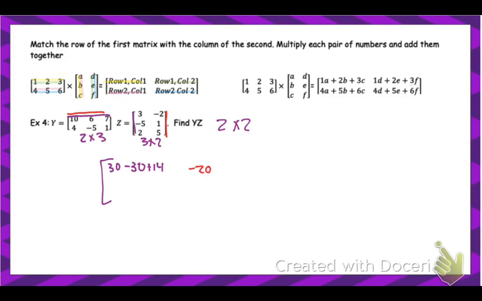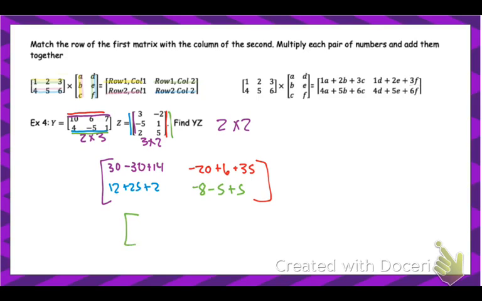So 10 times negative 2 plus 6 times 1 plus 7 times 5. All right, then I'm going to go to row 2, column 1. So 12 plus 25 plus 2. And then finally row 2, column 2, negative 8 minus 5 plus 5.